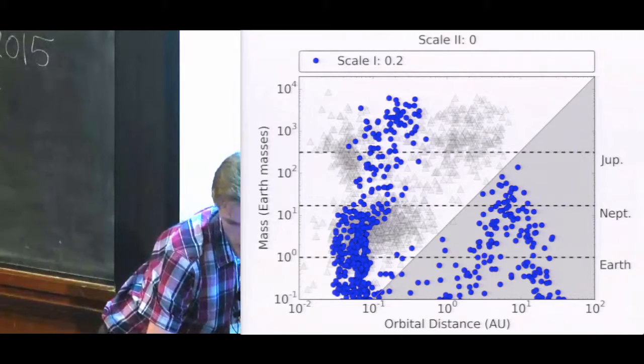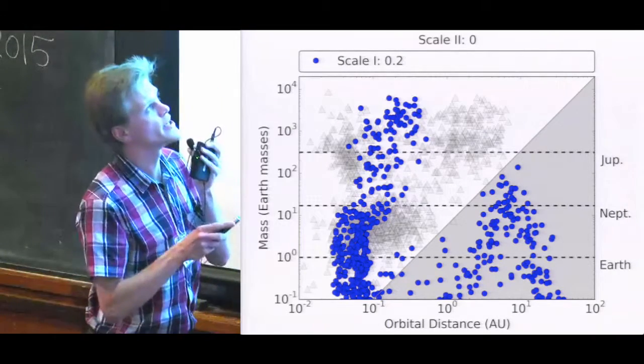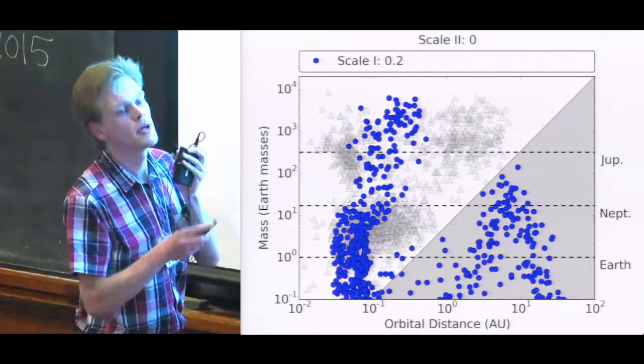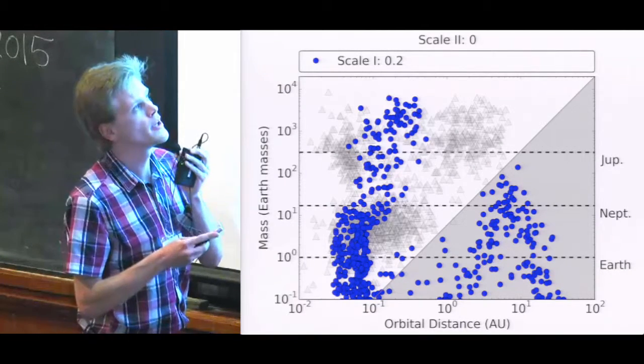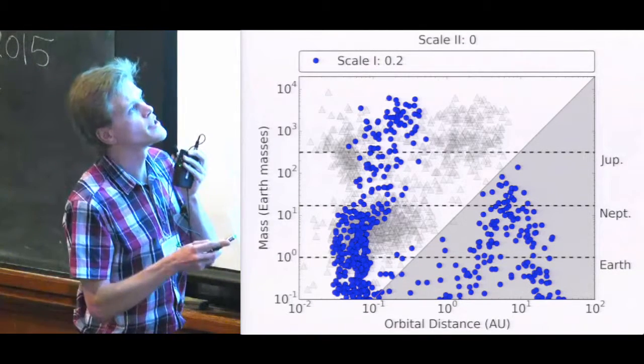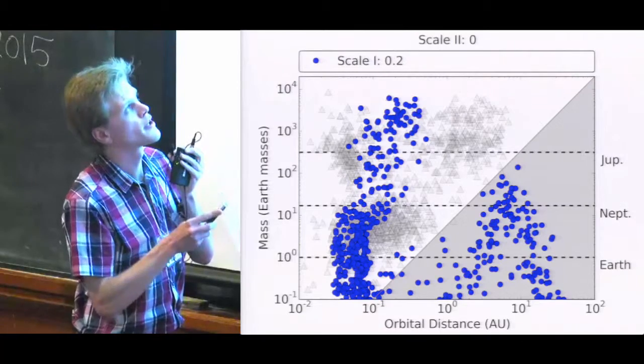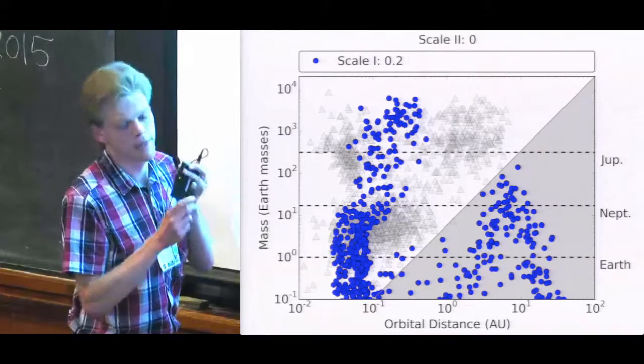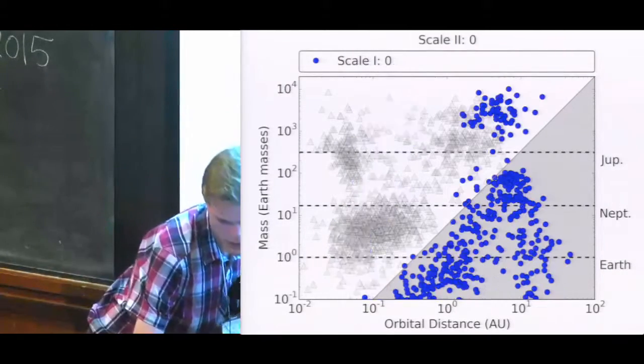What we failed to do is maintain this population. Migration type 1 migrates all these planets towards the star, but does not stop them where we want them to stop.